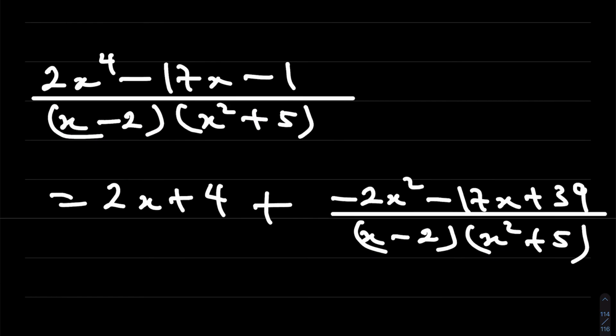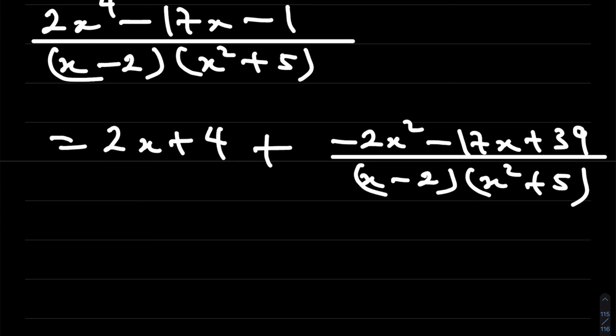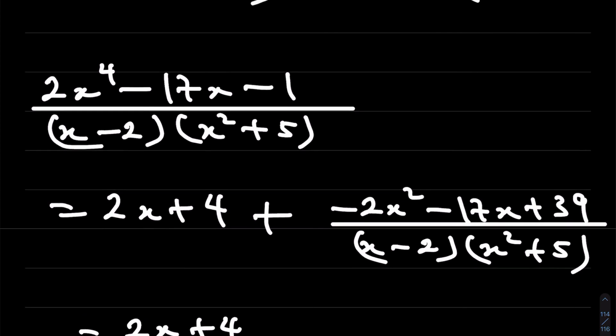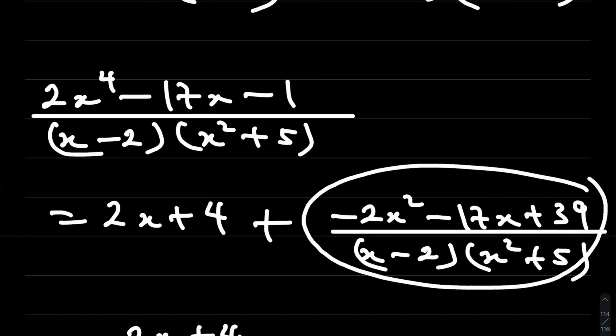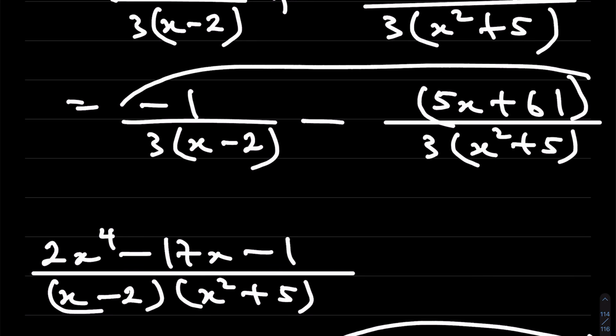So I can just write the final answer. That simply means the original fraction is equal to 2x plus 4. And the whole of this is the same as the whole of this.